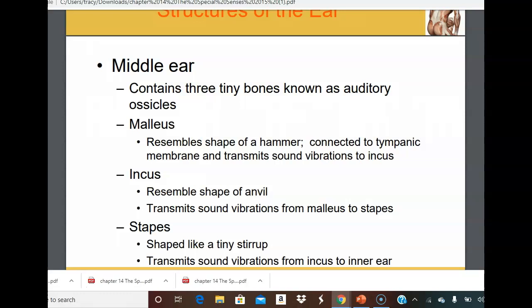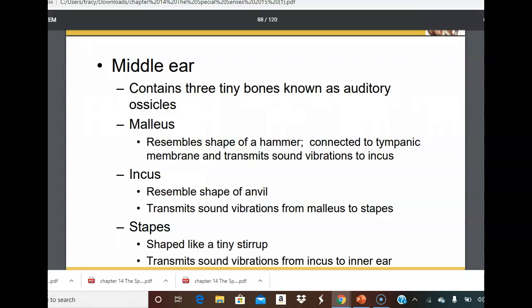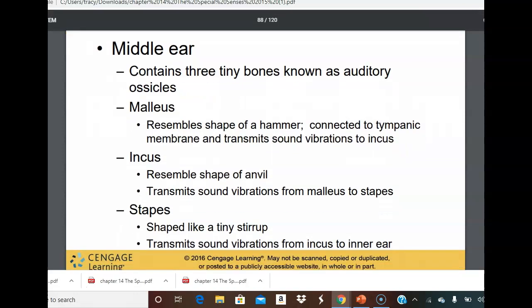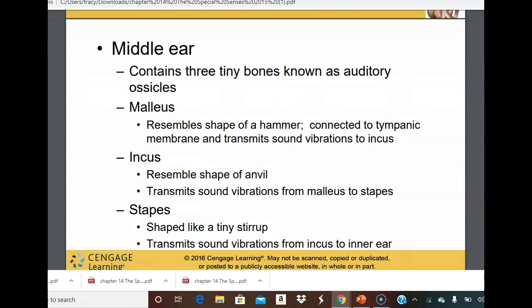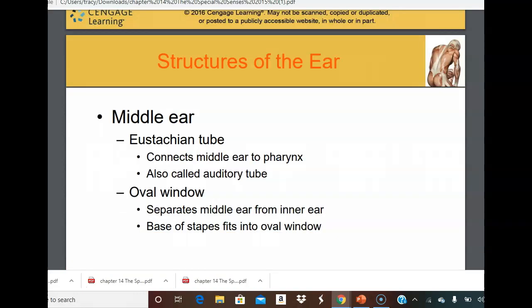It resembles an anvil, and it's the middle bone. The last bone is called the stapes, and it looks like a small stirrup. It attaches to the inner ear on the vestibule part of the inner ear and transmits sound waves that were in the air, beat on the tympanic membrane, and changes that air conduction to something we call bone or vibratory conduction.